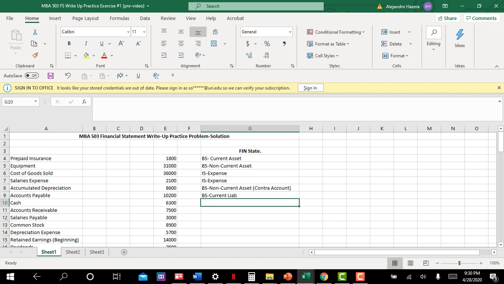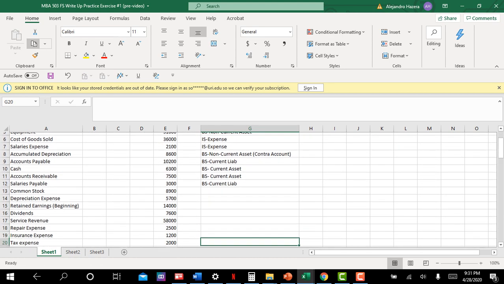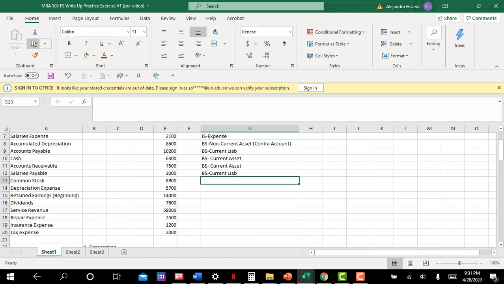Cash, that's obviously on the balance sheet. That is a current asset. Same thing for accounts receivable. Salaries payable is a current liability, no question, because your pay period usually doesn't coincide with your end of year financial reporting.